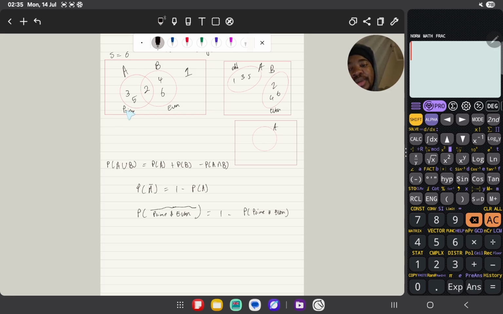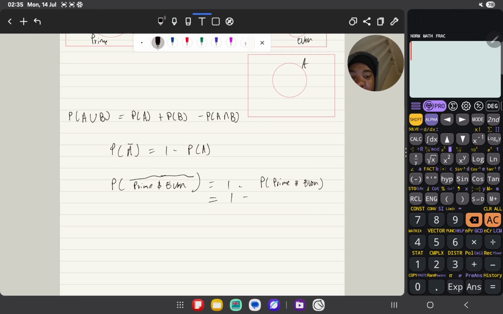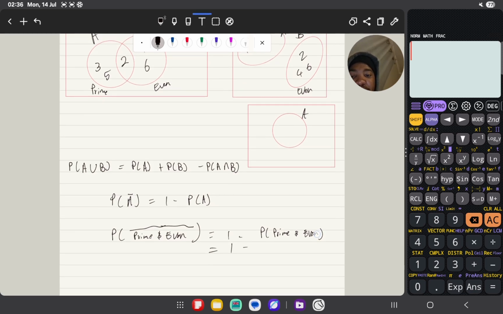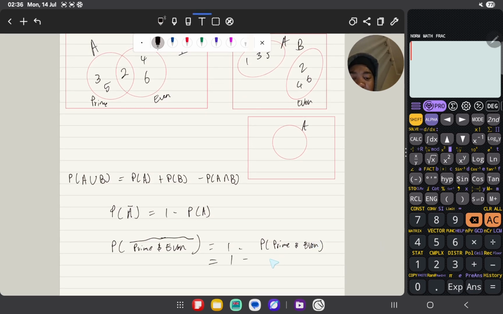Because if we say not prime, not even, it's going to be 1 minus, and in fact here it must be 5 over 6, which ends up giving you 1 over 6.